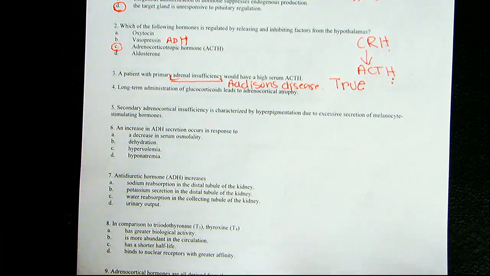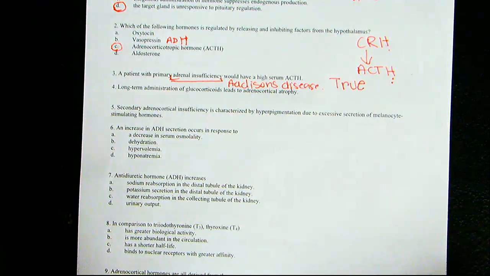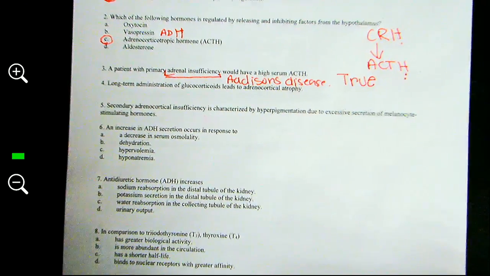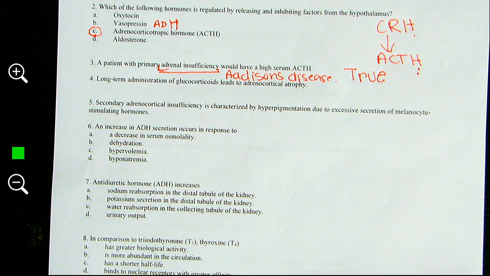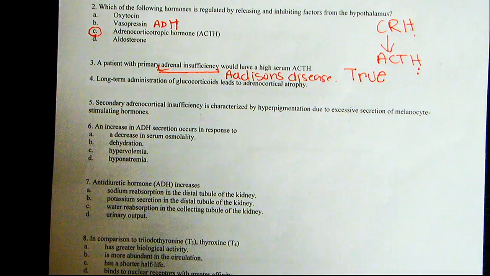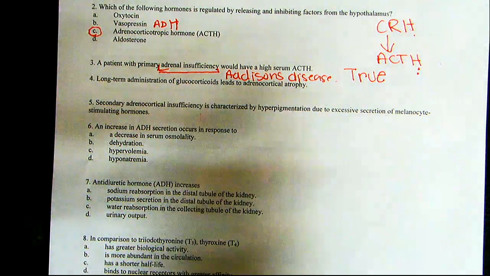If it was secondary, would they have a negative feedback? No, they won't. So this is primary because it's occurring inside of the organ. The negative feedback would be from the organ.